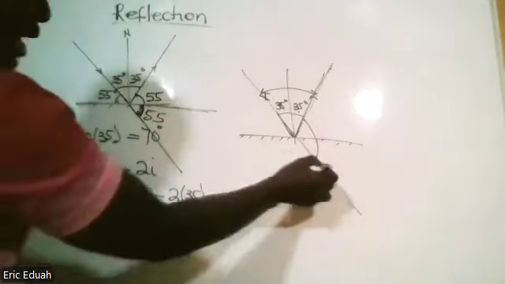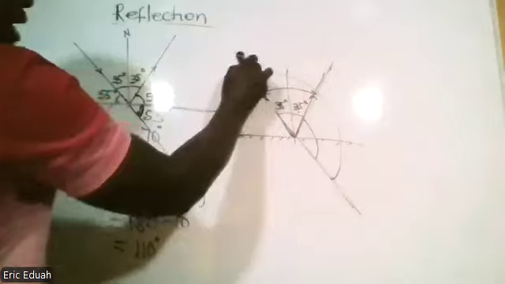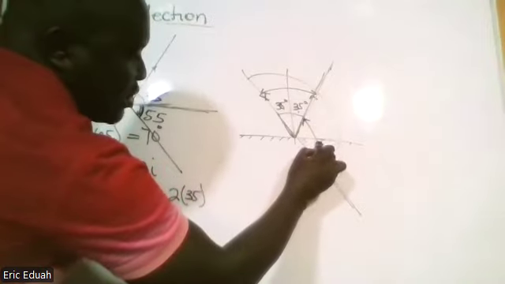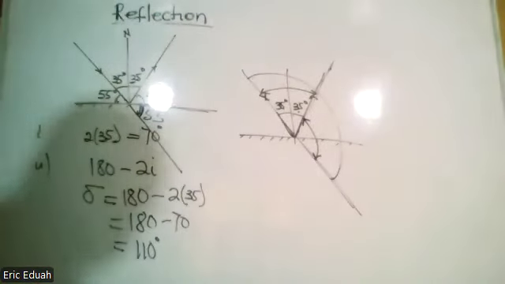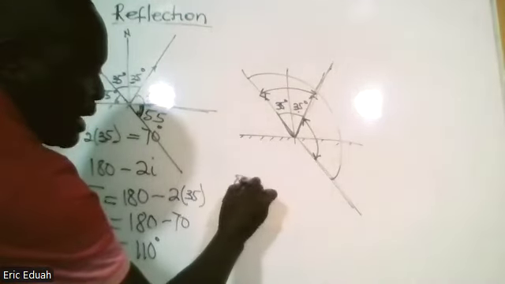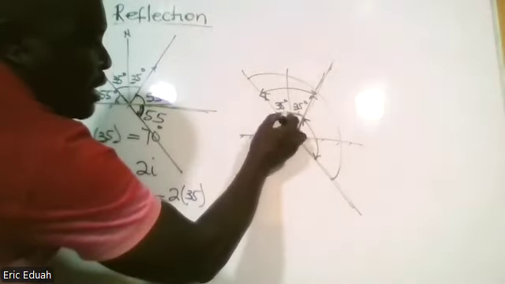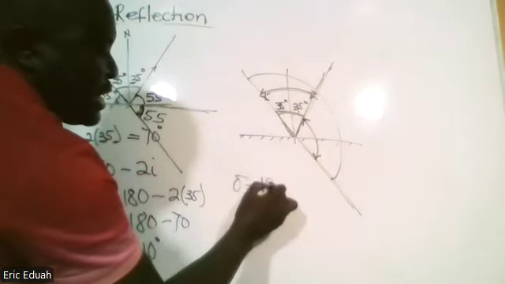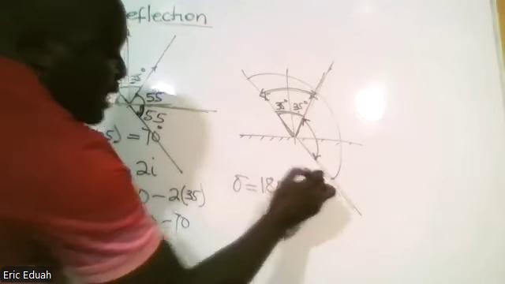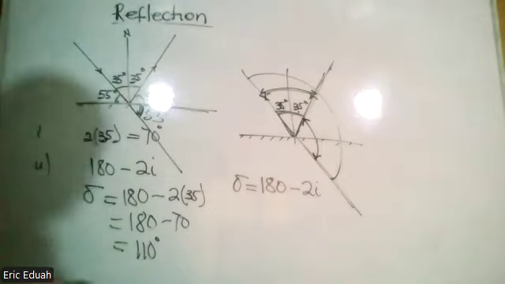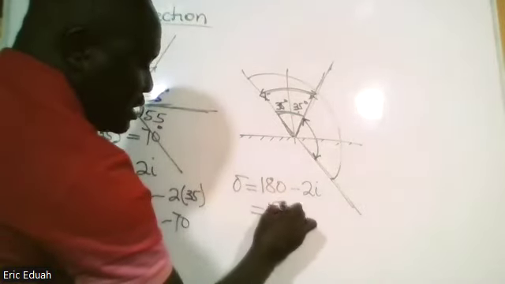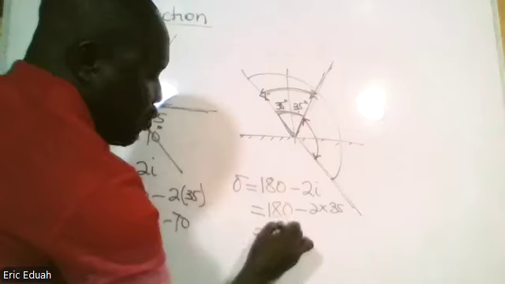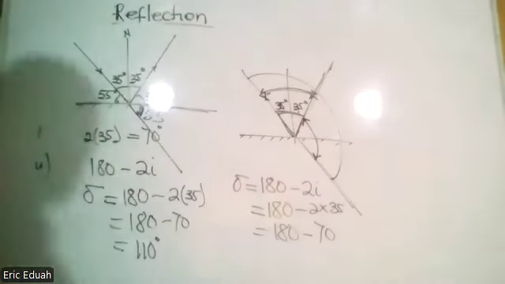Through our formula, if this whole angle is 180, then this angle, which is part of the whole 180, can be obtained by subtracting this angle, which is 2i, from 180. So 180 minus 2i. We are given i to be 35, so 2 times 35 is 70, and 180 minus 70 is 110.